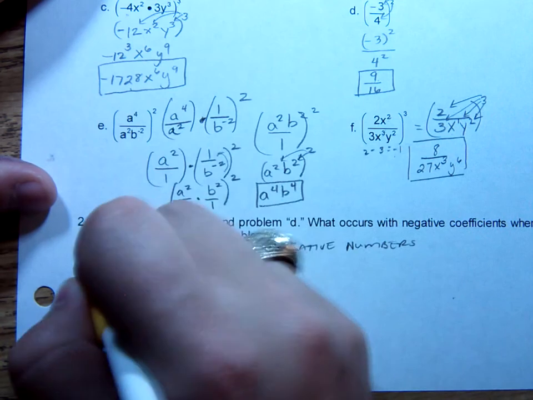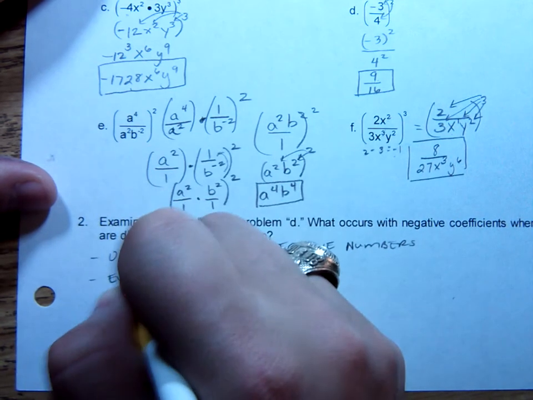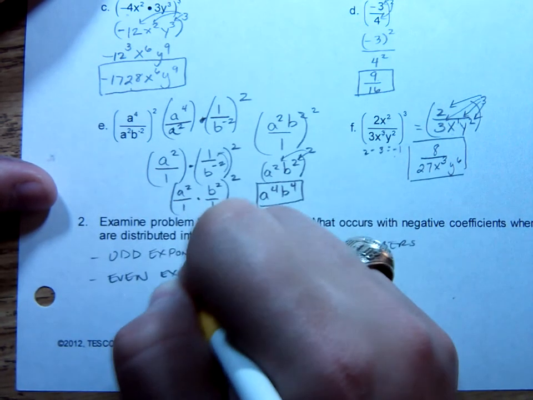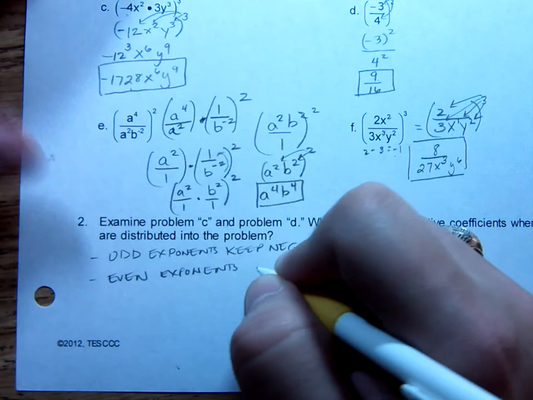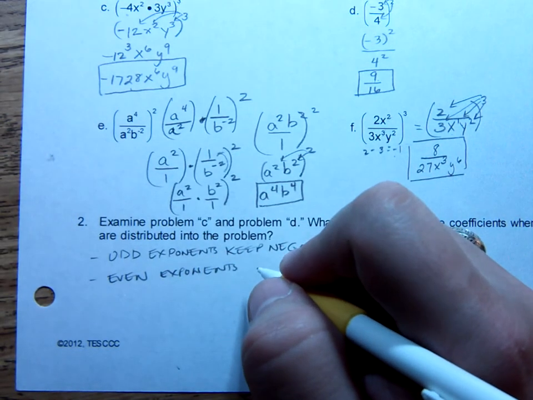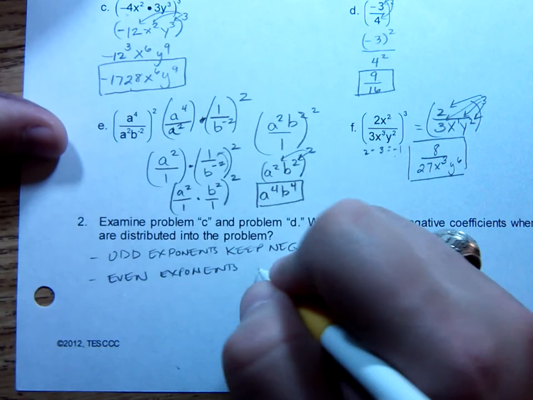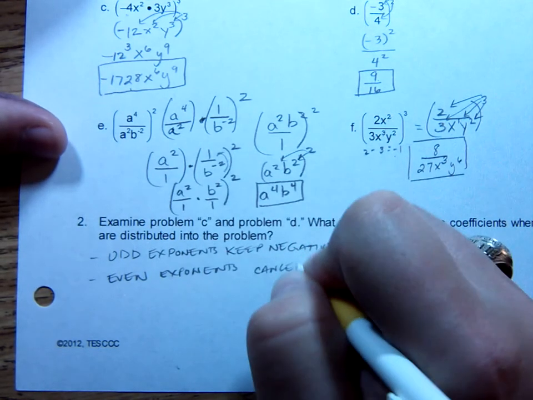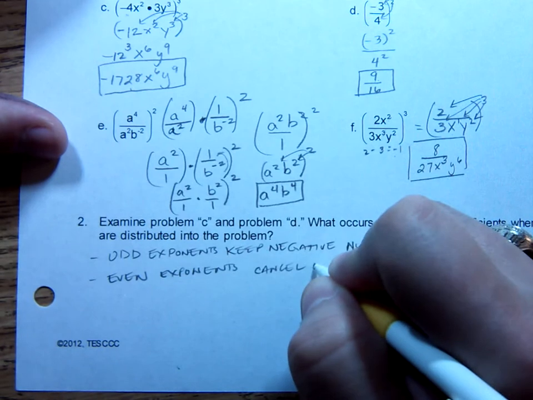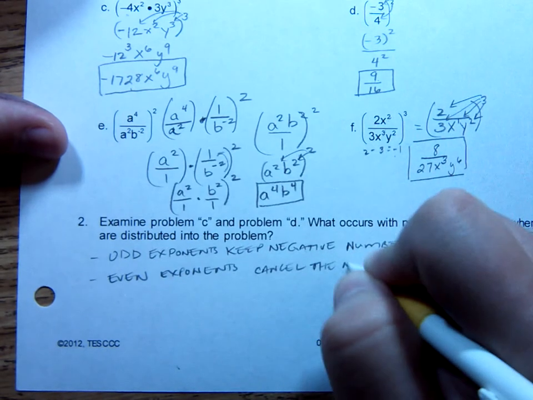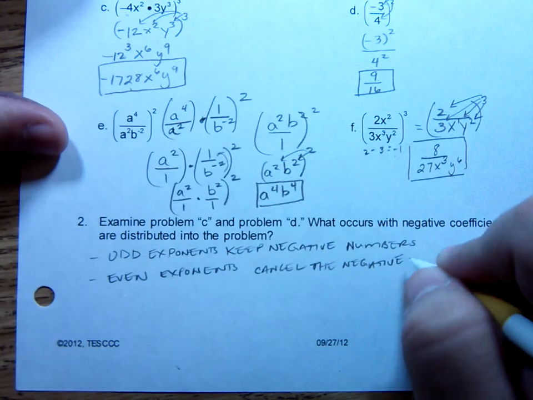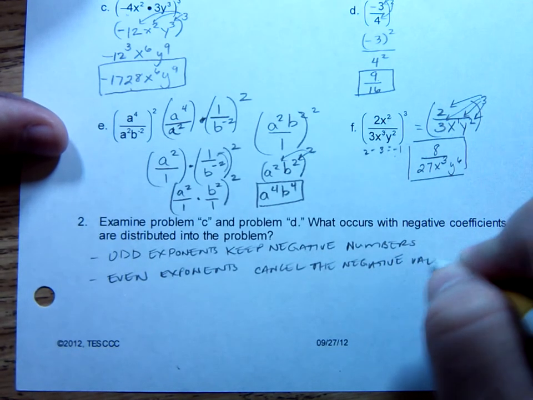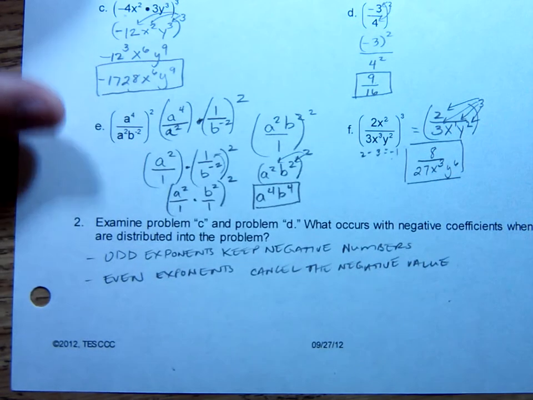Even exponents cancel out the negative value. And that makes sense because if I do a negative times a negative, it becomes positive. Wow, I write really crooked.